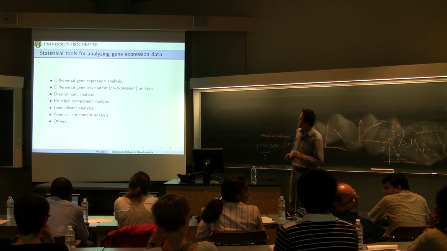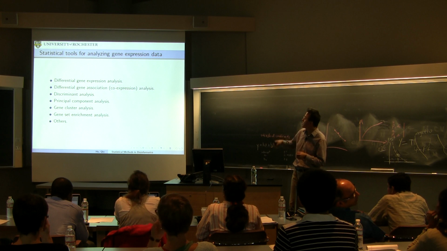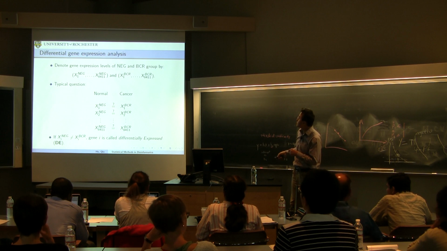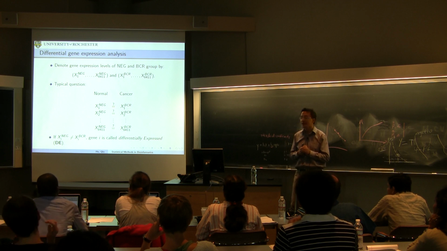Anyway, here are all the methods. I believe you already know, or maybe don't know, some of them, so I will go through them one by one. The first is the so-called differential gene expression analysis. What does that mean?